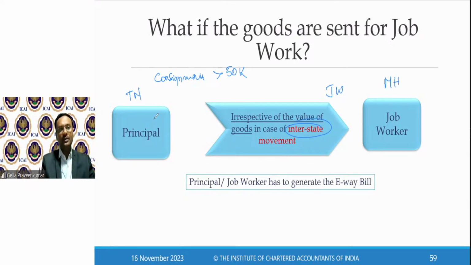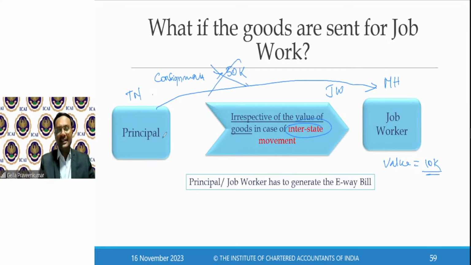When the goods are being sent by the principal in Tamil Nadu to the job worker in Maharashtra, and the value of the consignment is, assuming, 10,000, in this case, as an exception to the rule of 50,000, the seller, that is the principal, has to prepare the e-way bill in case the job worker is an unregistered party. This is an exception. A 1 mark MCQ can be expected from this e-way bill related transaction in the examination.